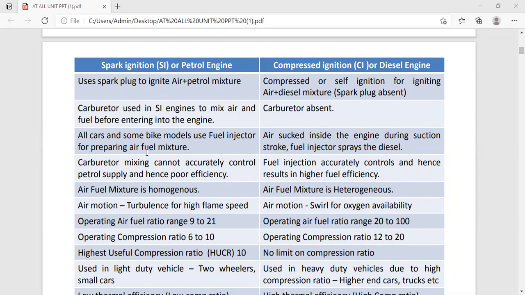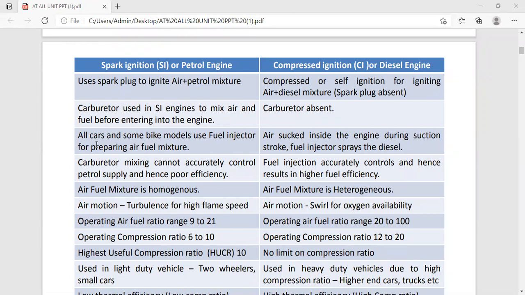Now, third point: all cars and some bikes use a fuel injector for preparing the air fuel mixture. But in the CI engine, air is sucked inside the engine during the suction stroke, and the fuel injector sprays the diesel inside the suction chamber.